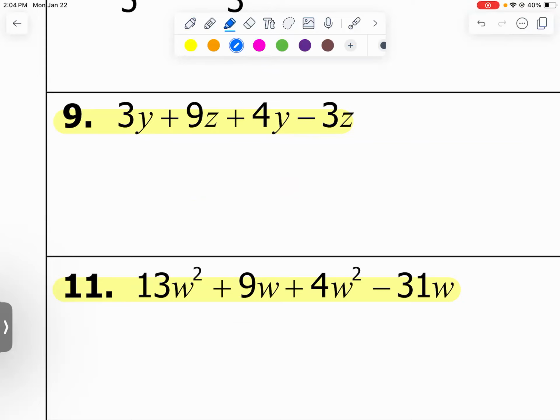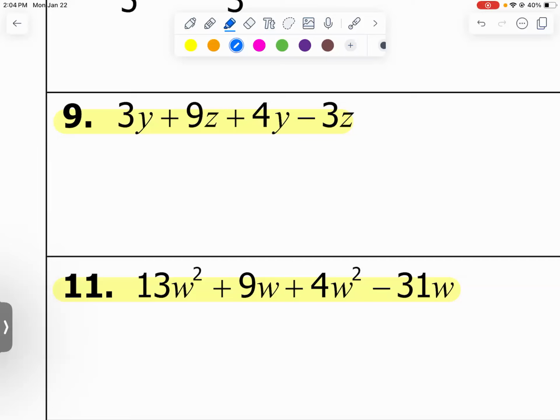All right, now let's look at number 9. Up here, the aces. Okay, the aces group has 7y plus 6z.